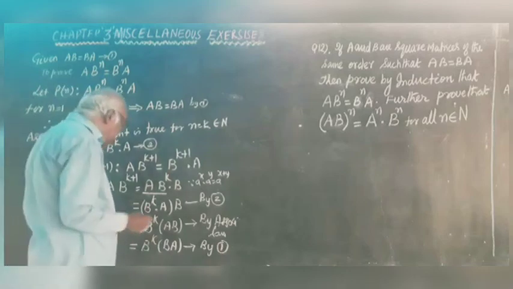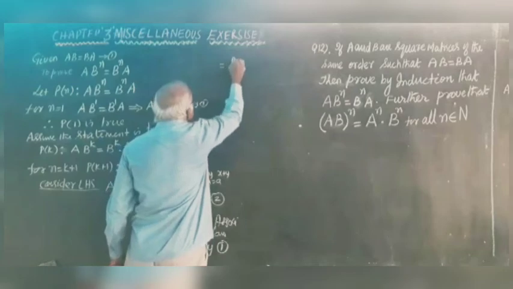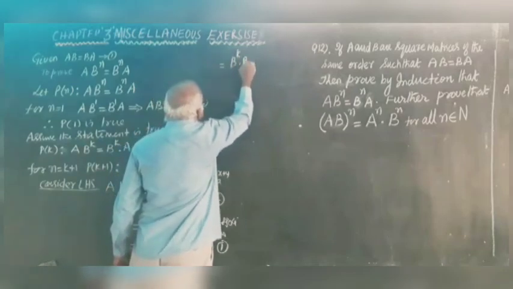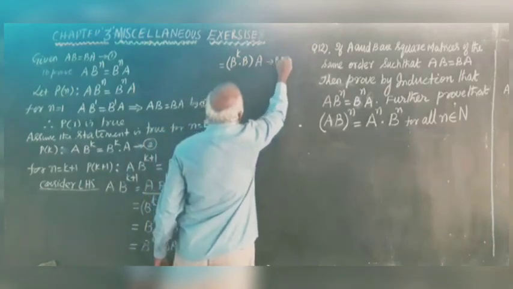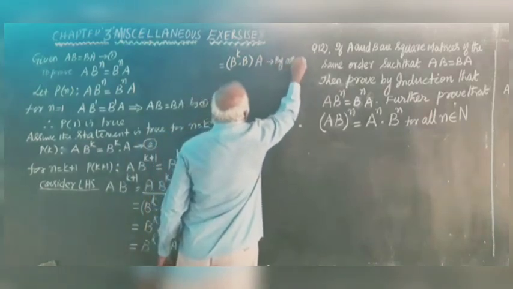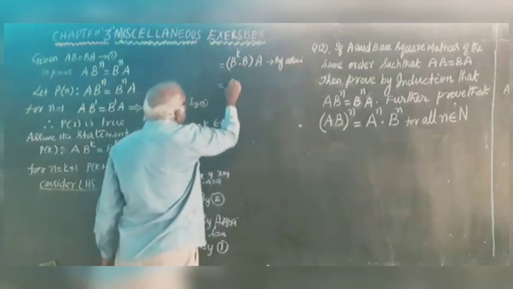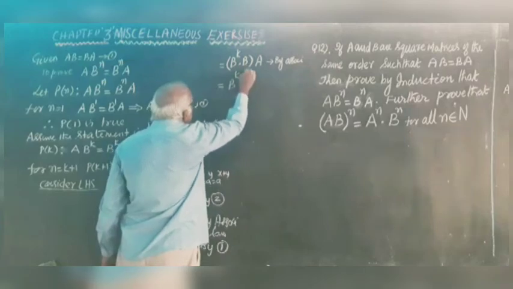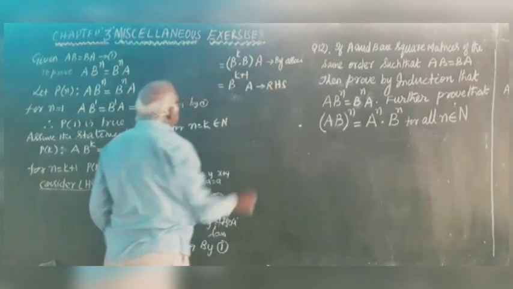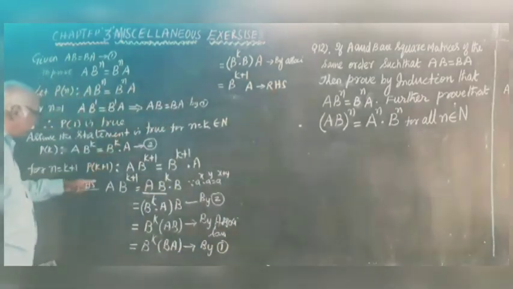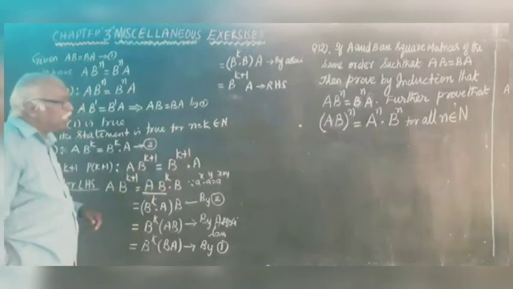Again by associative law, B power k into B into A. B power k into B is B power k plus 1 into A, your RHS. That is, we have proved B power k plus 1 into A, we have proved RHS. That is first proof. Second proof.